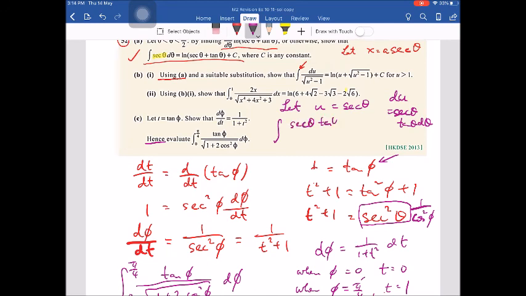This one becomes secant theta tangent theta d theta, and this one is the square root of secant square theta minus 1, which is tangent theta. So you now know that this is the integral of secant theta, and the integral of secant theta is log of secant theta plus tangent theta, where secant theta is u, and tangent theta is this one.